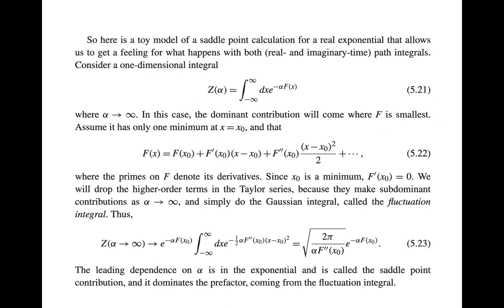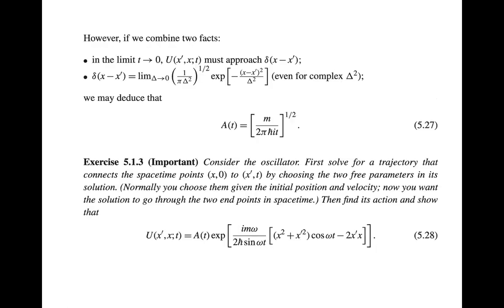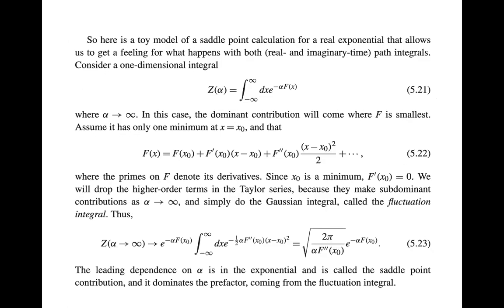I think this part needs to be learned by yourself. So this is a toy model to perform this saddle point approximation and try to compute both the amplitude and also the saddle point action.